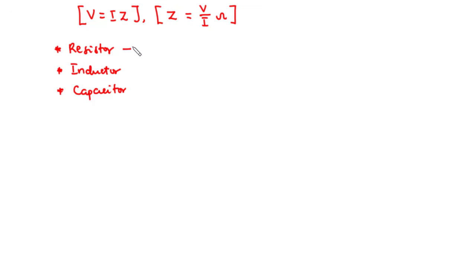Now the opposition due to the resistor is called the resistance, and that is denoted by the letter R. Also, the opposition due to the inductor is called the inductive reactance, and that is denoted by XL.